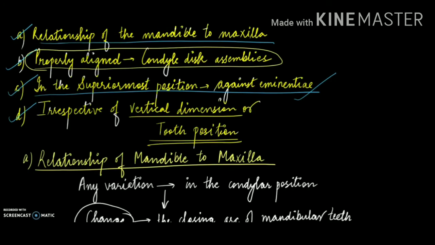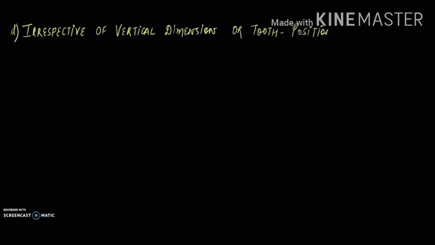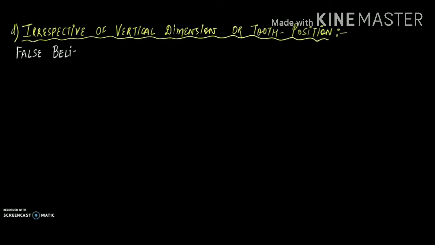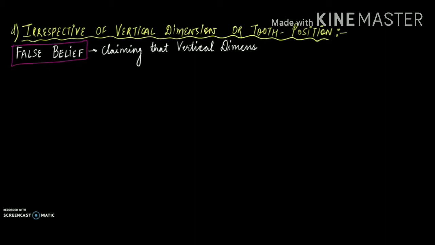The point is that centric relation is irrespective of vertical dimension or tooth position. In centric relation, the condyles can rotate on a fixed axis to an opening of about 20 millimeters. But there is a common misconception, or a false belief, among some clinicians who discredit the use of face-bow recordings and articulators. Why?